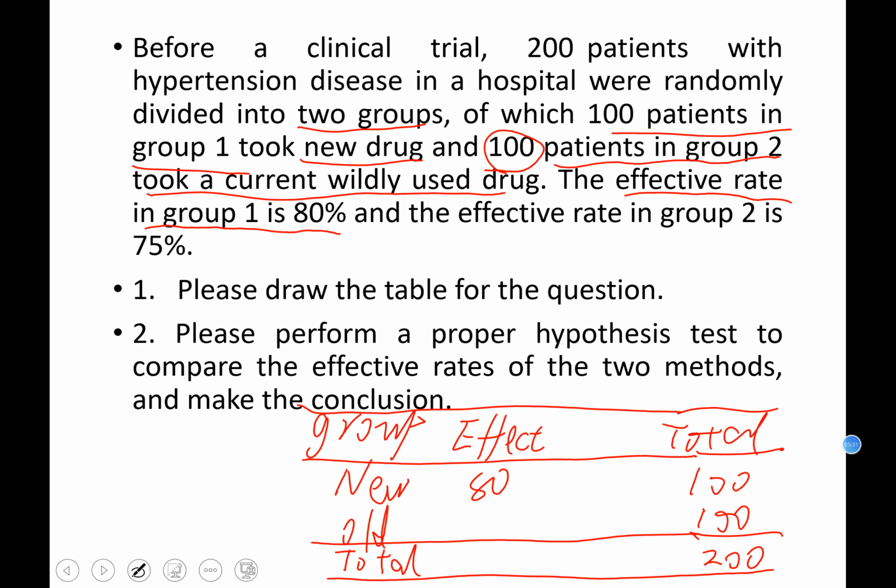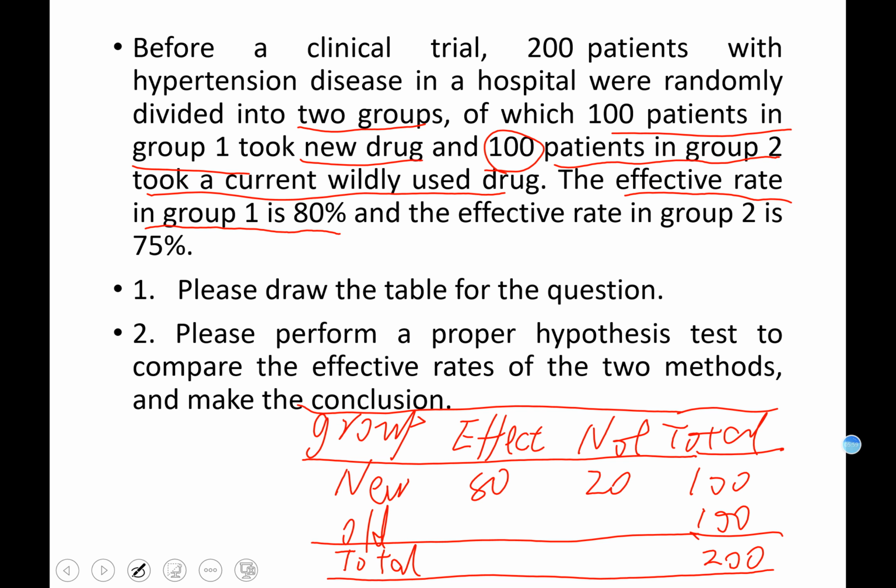So how about the other 20? In group 1, we have 100 patients and 80 patients are cured. And how about the other 20 patients? They are not cured, so that means they are not effective. The new drug is not effective for these 20 patients, right?